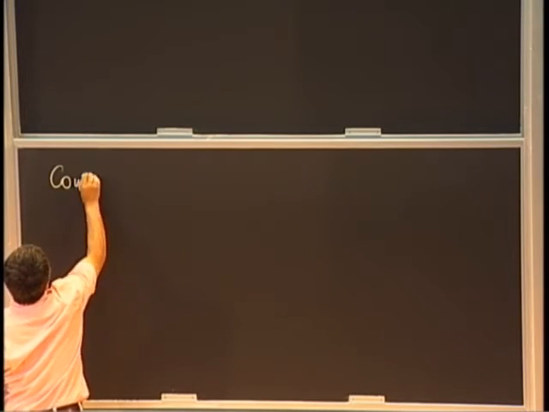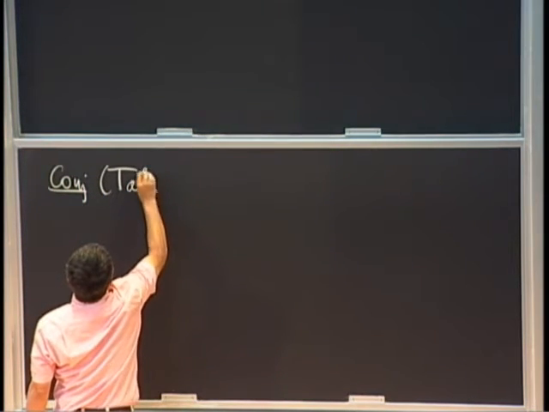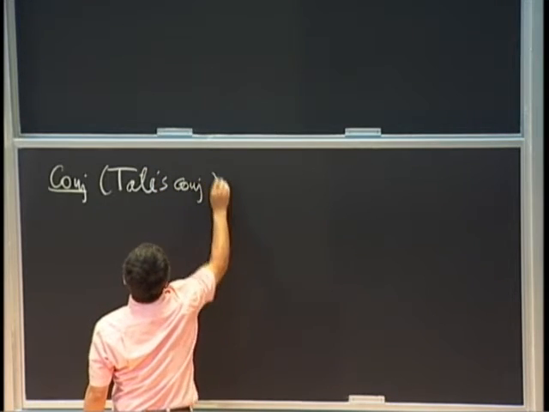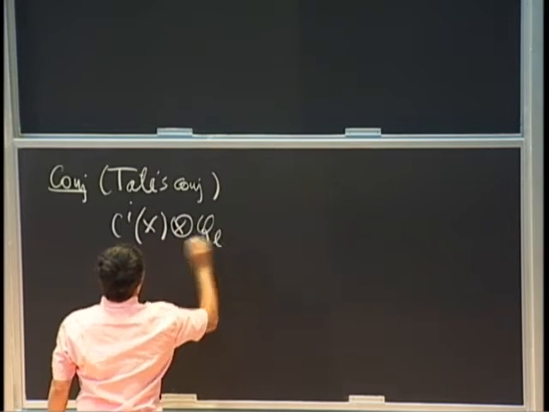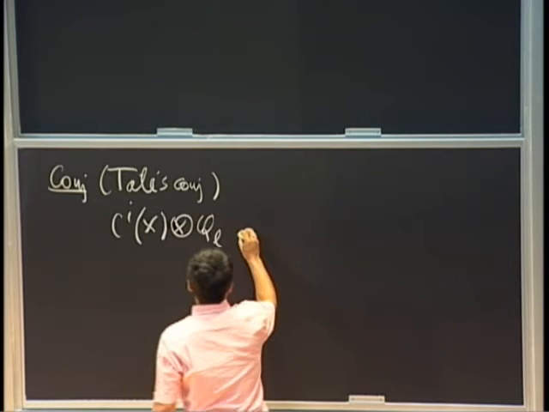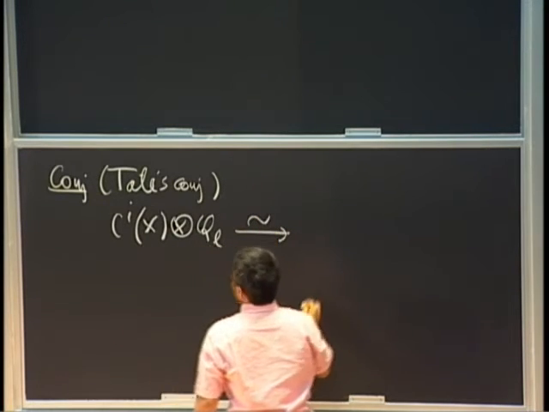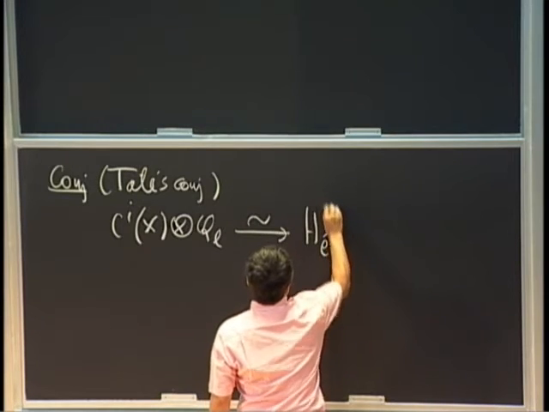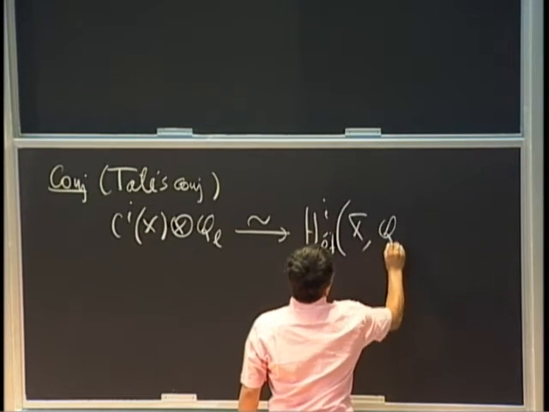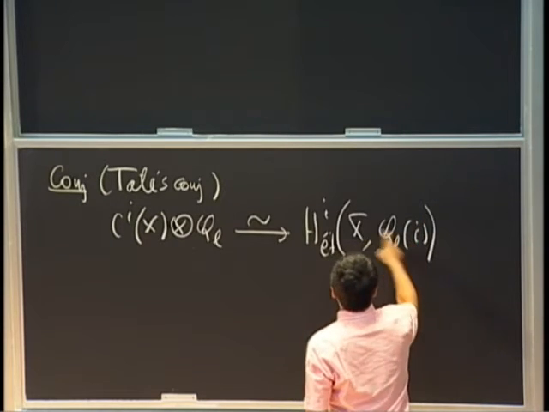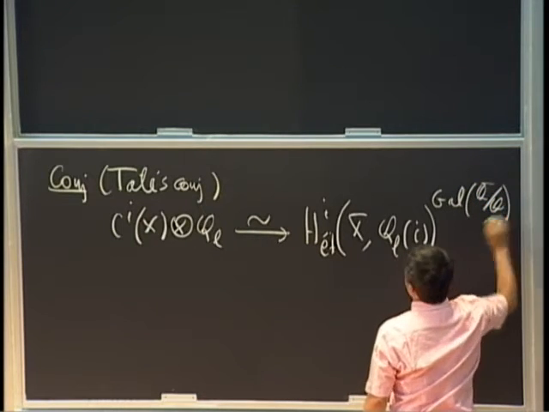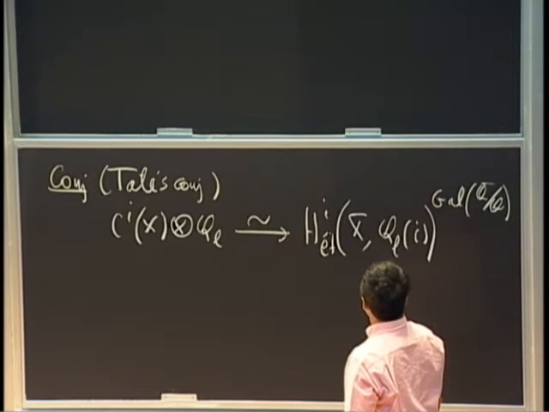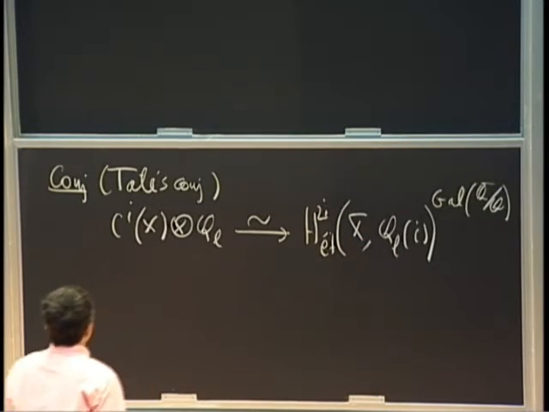The first conjecture, the Tate conjecture: C^i(X) tensor Q_l, this morphism by the class map, is isomorphic to the Galois invariants of the cohomology H^{2i}(X-bar, Q_l(i)), in the sense that this one becomes weight 0 under Galois of Q-bar over Q. So this is the first step.